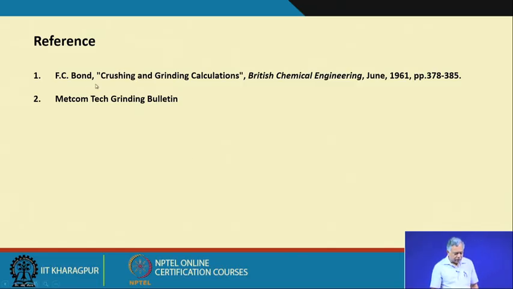One is by Fred Bond, Crushing and Grinding Calculations. It has 2 parts, part 1 and part 2, published in the British Chemical Engineering Journal, June 1961. And if you Google the Metcom Tech grinding bulletin, you can get all this interesting material related to work indices.